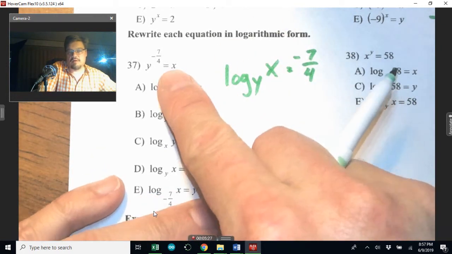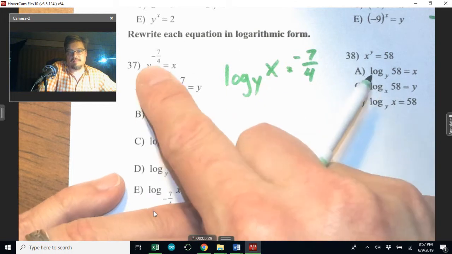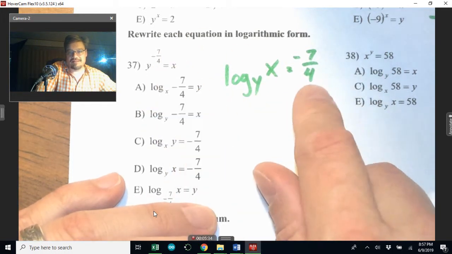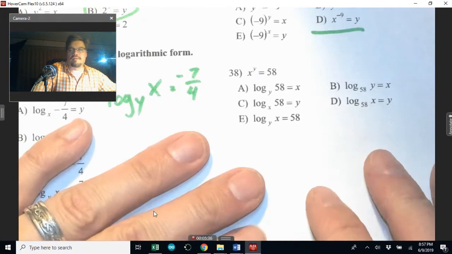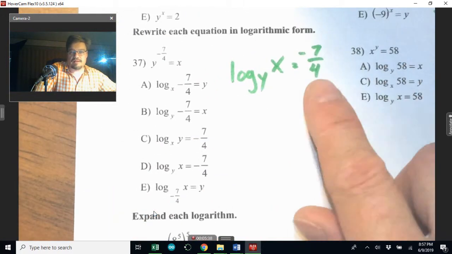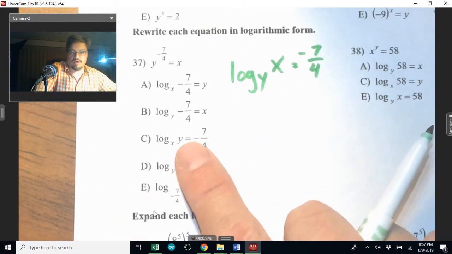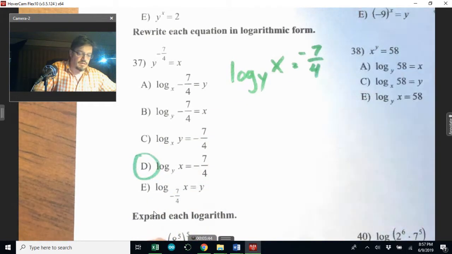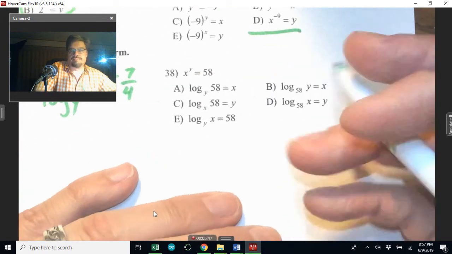Because this guy's alone, he will be the one here. The base is this y, and the exponent itself is what the entire log is equal to. So moving across, that's log base y of x equals negative 7/4. All right, 38.